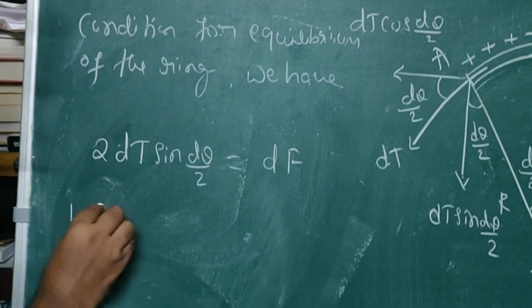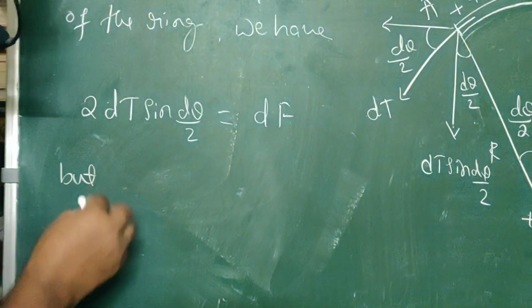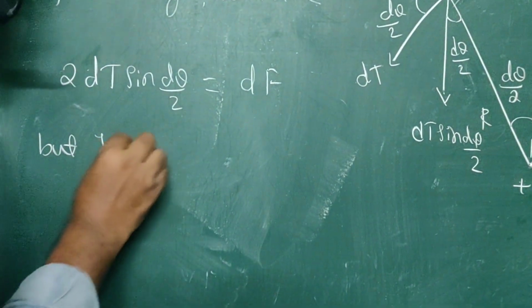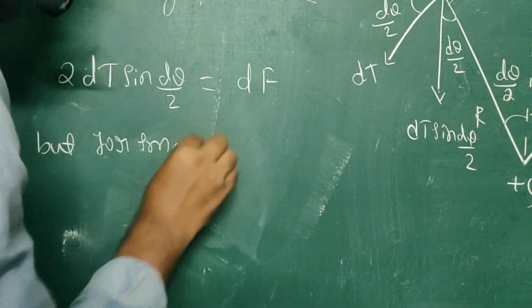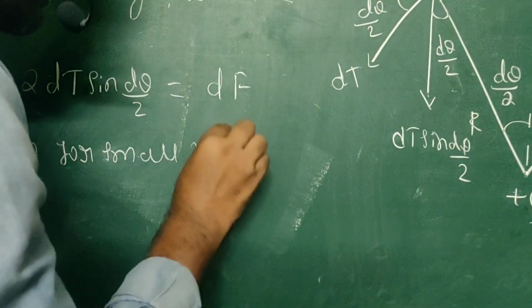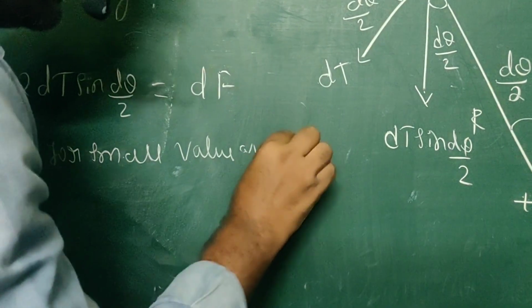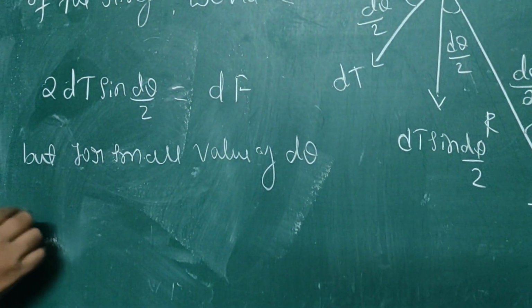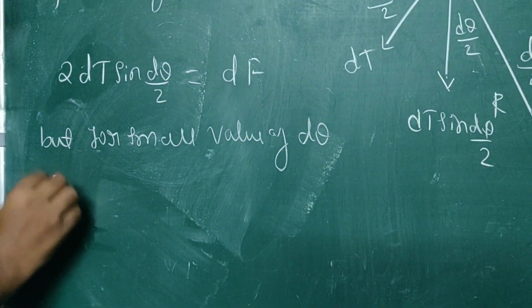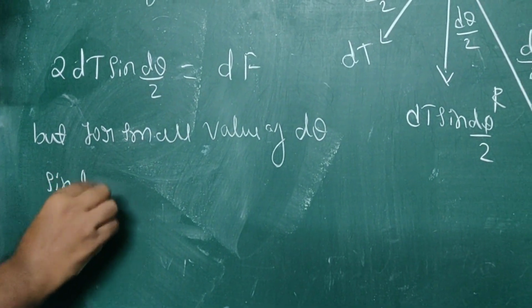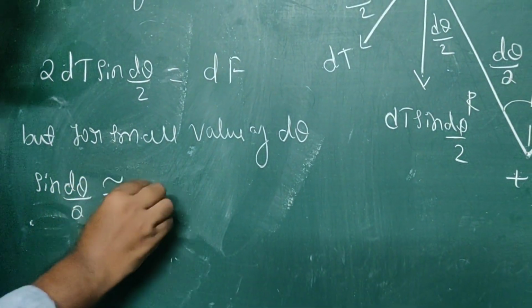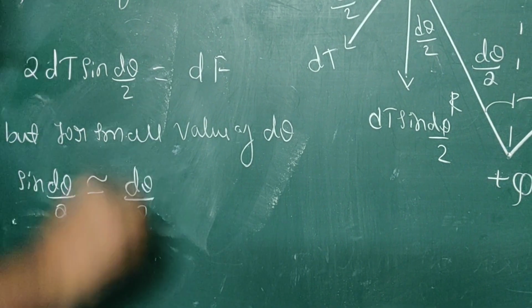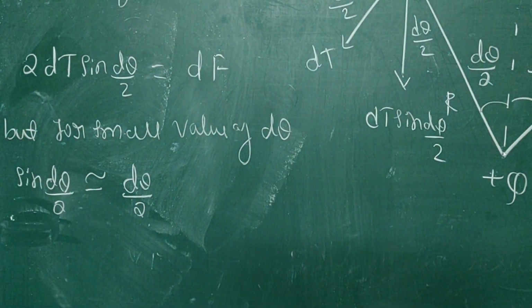But as I have said, this angle d theta is very small. For small values of d theta, we can write sin(d theta by 2) as nearly d theta by 2, but we should measure the angle in radians.